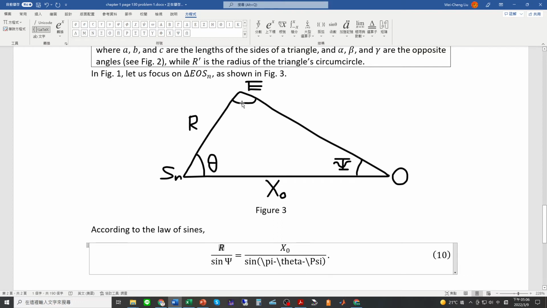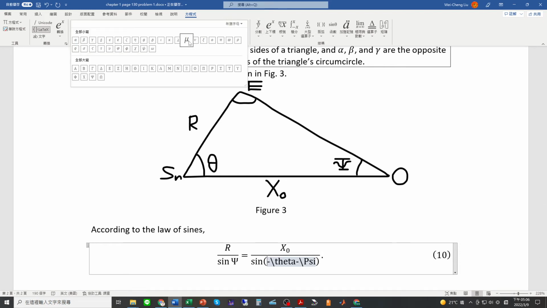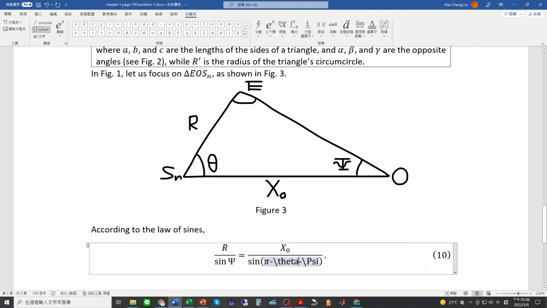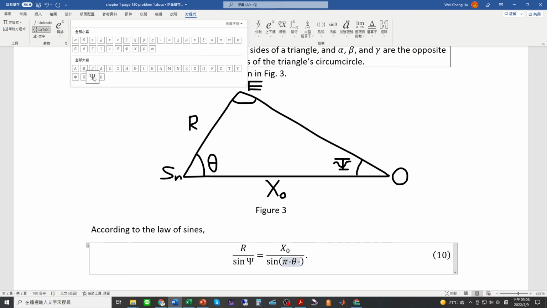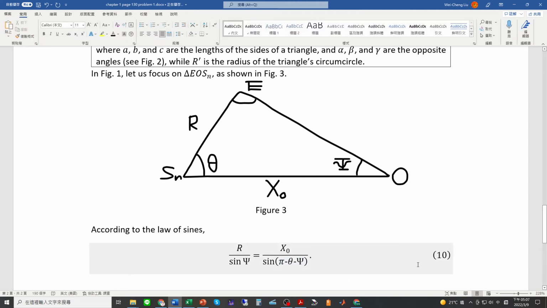This angle is equal to pi minus theta minus psi. Oh, I need to correct this. This is pi, this is theta, and this is psi. We call this equation 10.